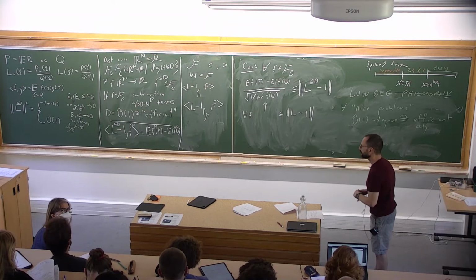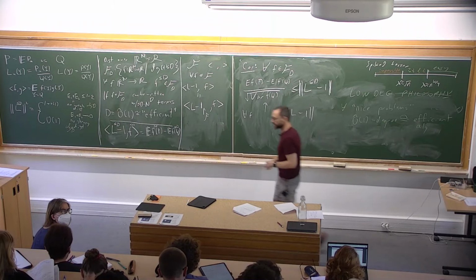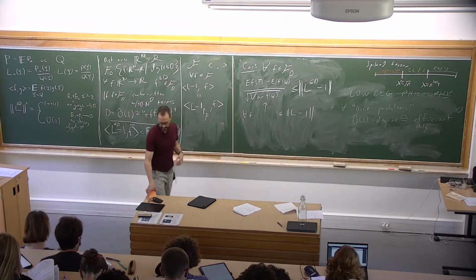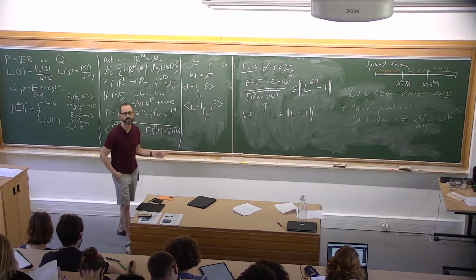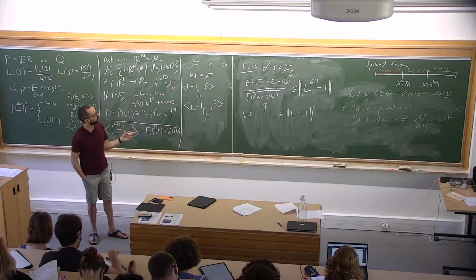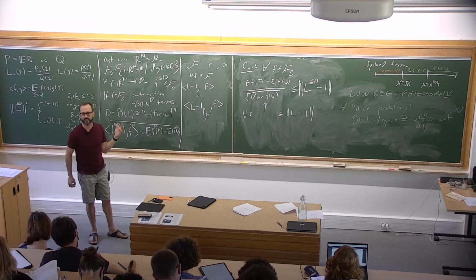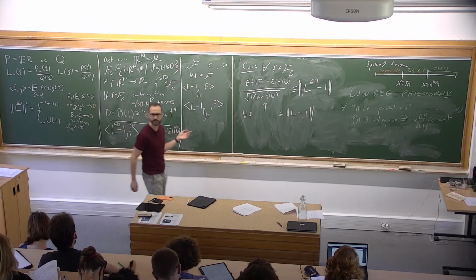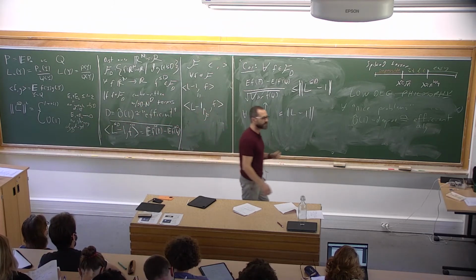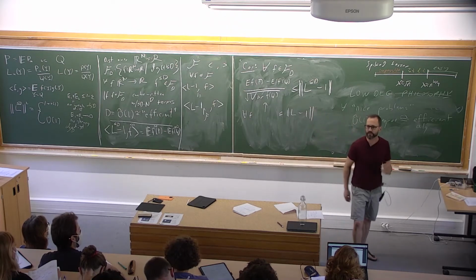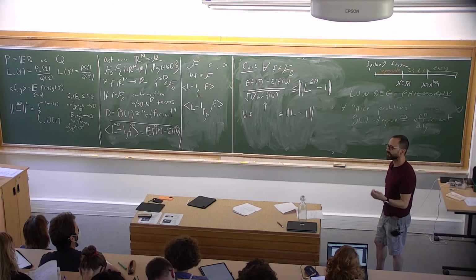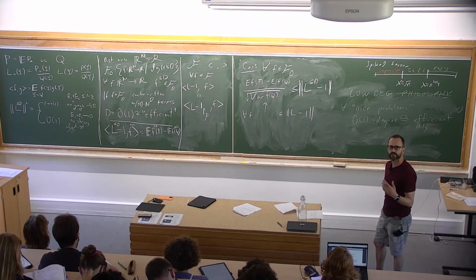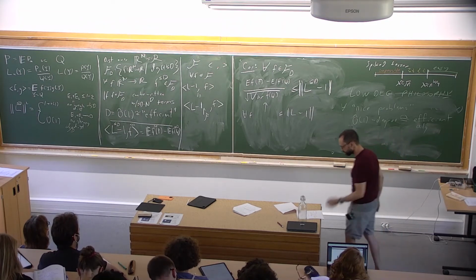And how much time do I have? 45 minutes, good. So first I'm going to calculate this low degree likelihood for the planted tensor problem. And then we're going to go into talking about low degree polynomials in general and proving some properties of low degree polynomials that are going to be useful for us.